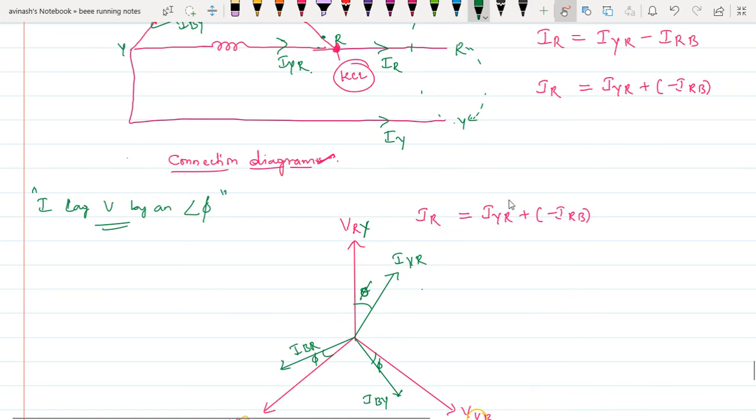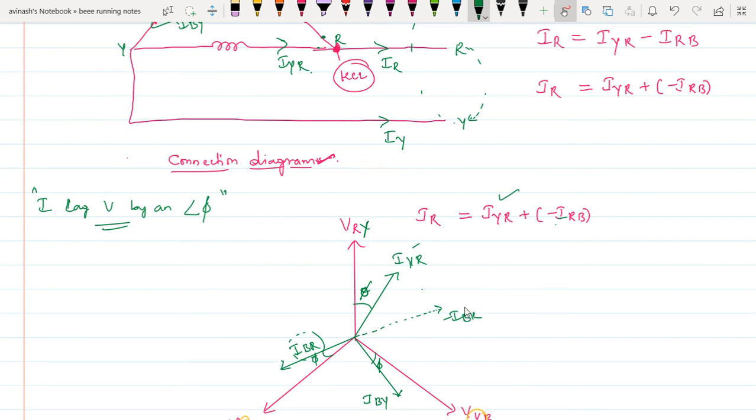We have IYR, but we do not have minus IRB. We have plus IBR. If I draw an exact mirror image, this is nothing but minus IBR or IRB.